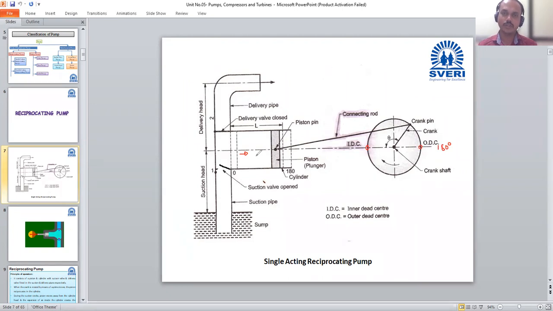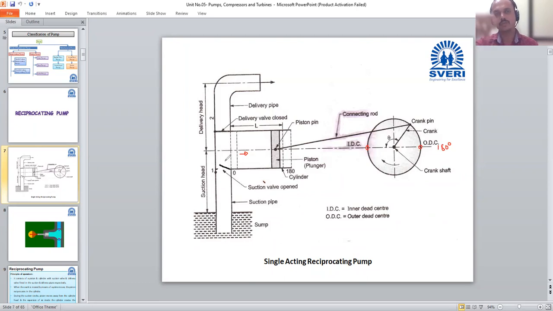At the same time, what will happen when the piston starts moving from 0 to 180 degree? The vacuum is created inside the cylinder. Here negative pressure is created. Negative pressure or the vacuum means the pressure which is below the atmospheric pressure. So as negative pressure is created here, the suction valve gets open.